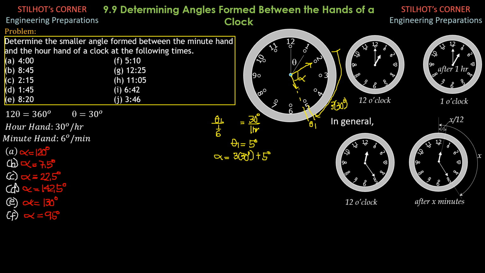Then we proceed to part G. It's 12:25. So again, we erase this and this. And let's draw another hands of the clock which reads 12:25. So that means the minute hand is pointing at the 5 mark, that one.